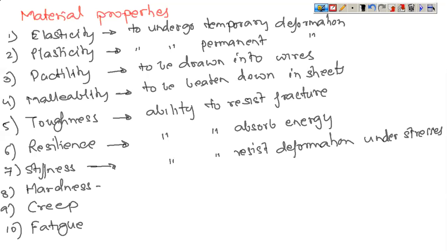Now, stiffness means if you have a beam, or some member, and you are trying to bend it. If it does not bend easily, or if you have two materials under the application of the same load, the one which bends lesser is said to be more stiff. Stiff का मतलब अकड़. तो अकड़ उसमें ज़्यादा है, which is undergoing the least amount of deformation under an applied load.